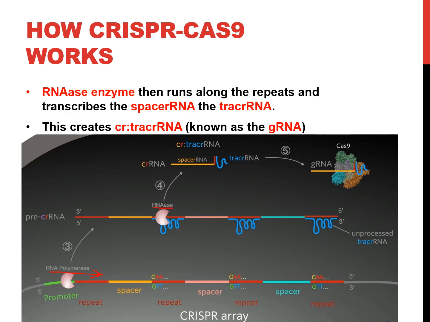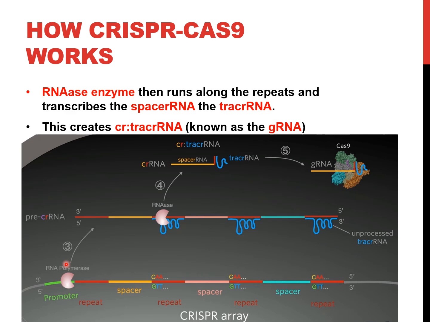Okay, they occur together. All right, RNase is just after RNA polymerase. As the RNA polymerase transcribes this piece of DNA here in the CRISPR array, we call that the pre-CRISPR RNA. Okay, just like pre-messenger RNA, it's the same process there.